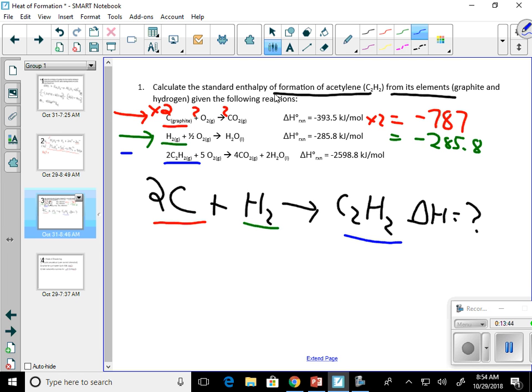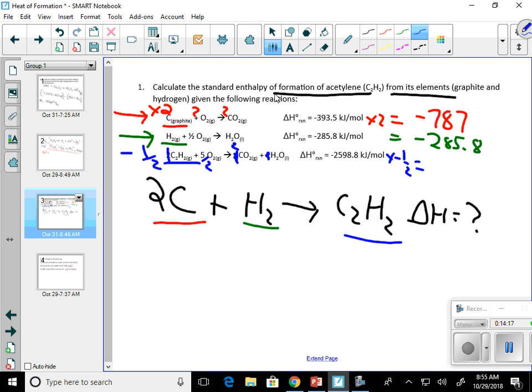There's a second issue, however, with that third equation, is that there's a coefficient of 2 in front of the acetylene. I need to cancel that out. So to cancel that out, I can multiply by 1/2, because now that makes this a 1 value. It's kind of weird, but that's going to make this 5/2. It's going to give me 2 CO2s instead, and only 1 water, which means I need to multiply this by negative 1/2.